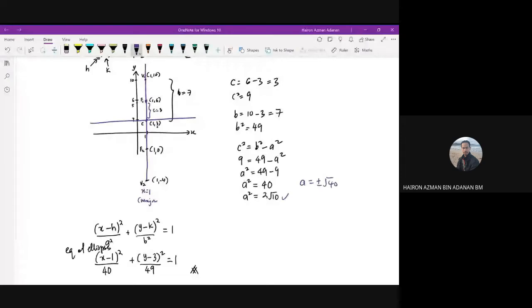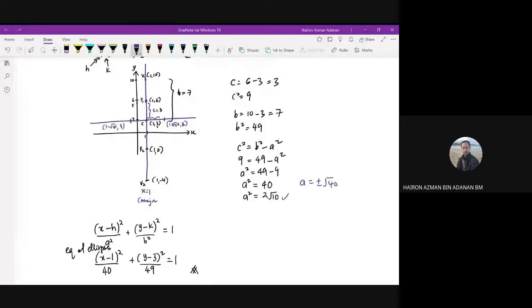Just plus minus: so this is (1 plus square root 40, 3), and this one is (1 minus square root 40, 3).